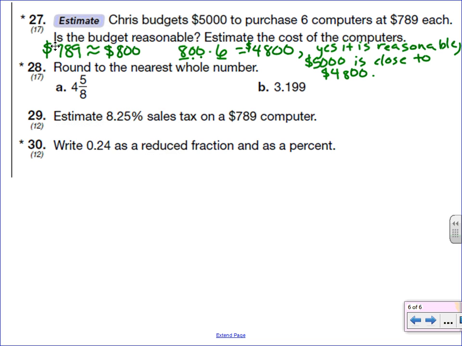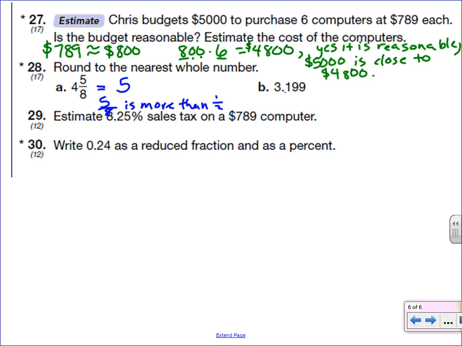Round to the nearest whole number. So we're looking in this case at whether the decimal or fraction is more than a half, it's going to go up. If it's less than a half, it's going to stay the same. So 5/8 is more than a half. 4/8 would be a half. So 5/8 is more than a half, so the 4 is going to round up to 5.